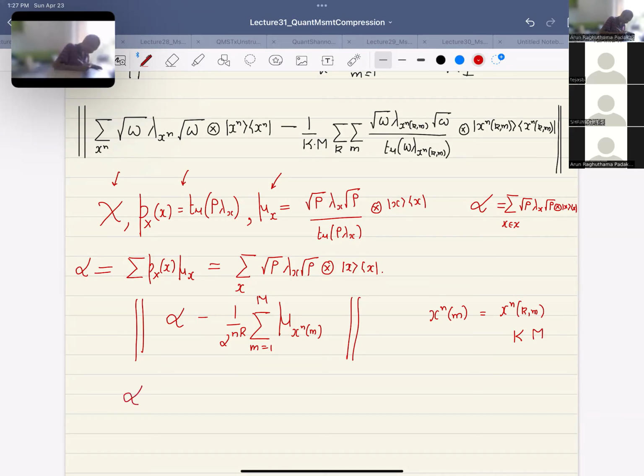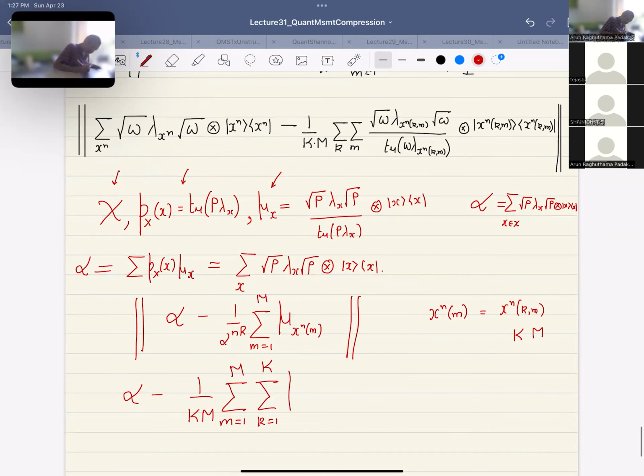Okay, so I'm just going to write the same thing now. So alpha minus 1 by K times M, sum over m equal to 1 through M, k equal to 1 through capital K, mu_{x^n(k,m)} is small is what this is saying, if my KM has some ratio, right? So this is 2 power nR.